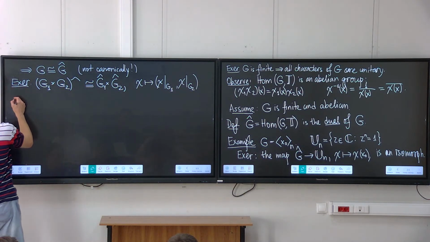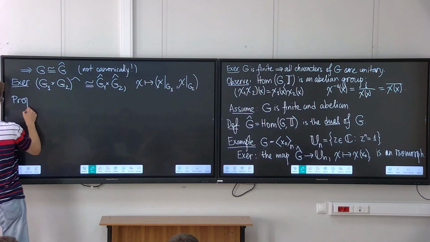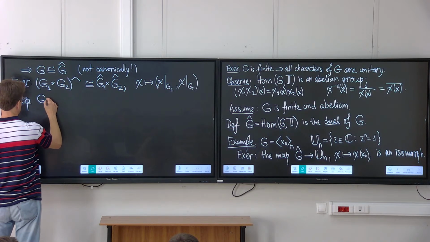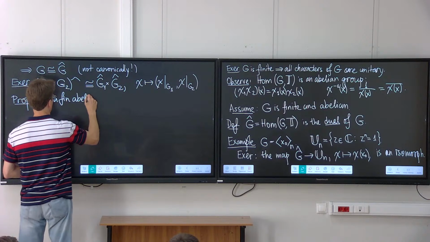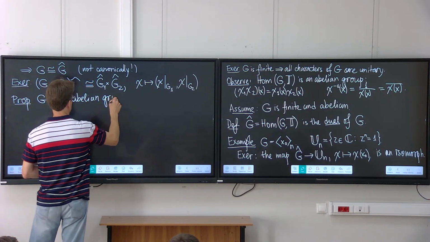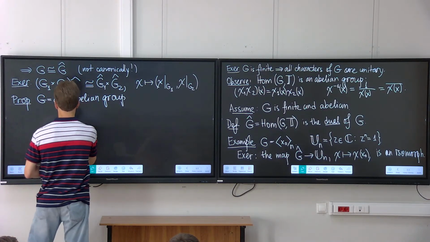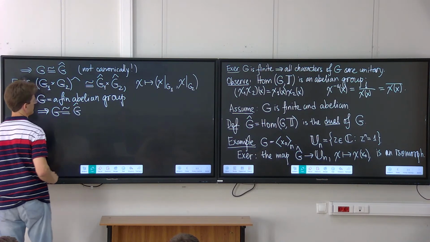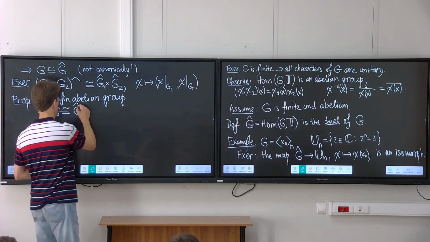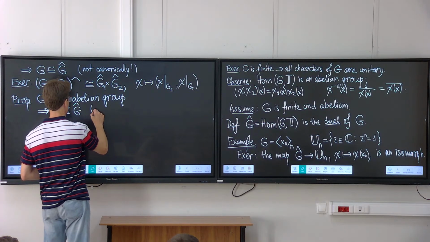So as a result, we have the following simple proposition. If G is a finite abelian group, then G is isomorphic to its dual G hat. But again, the isomorphism is not canonical.